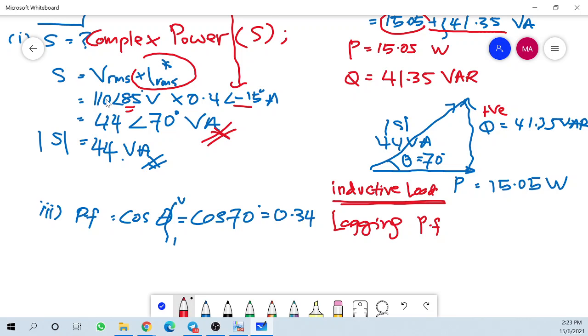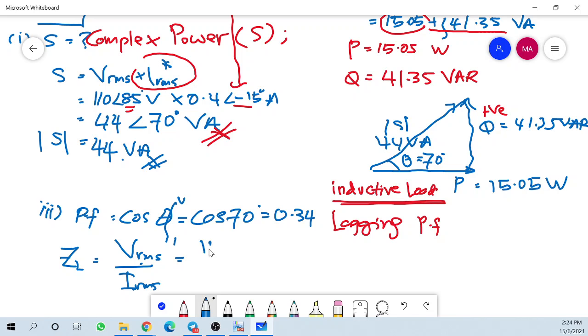So the next question is determine what is Z, the load impedance ZL. How to determine ZL? You can determine it from V and I. We know that it is V RMS divided by I RMS. This is very straightforward.